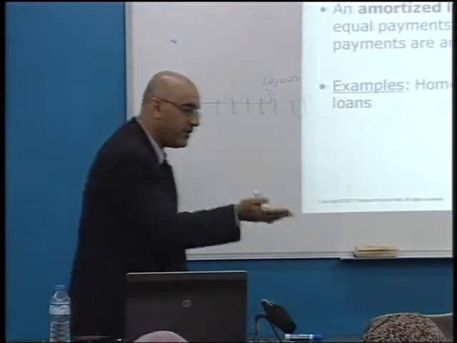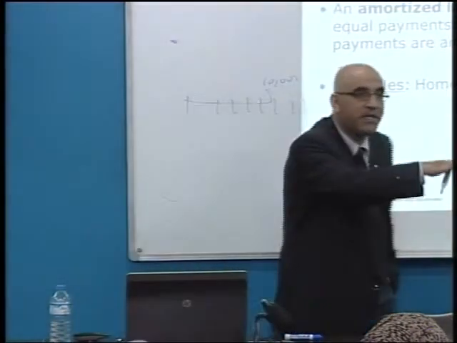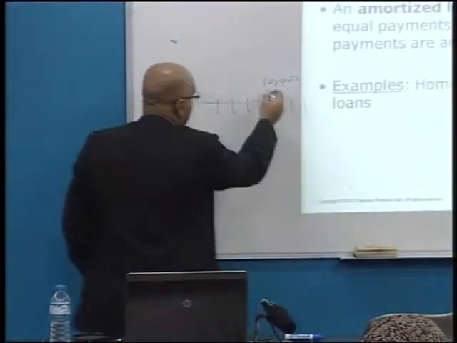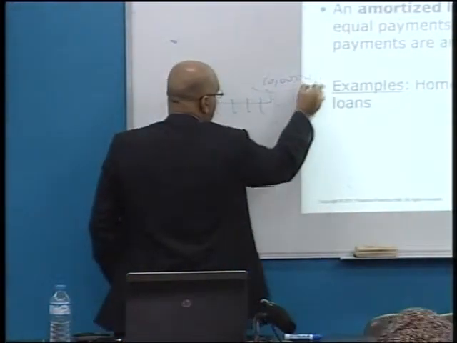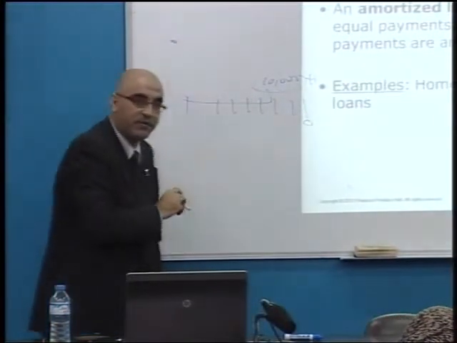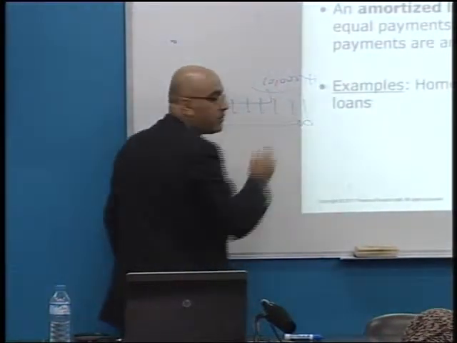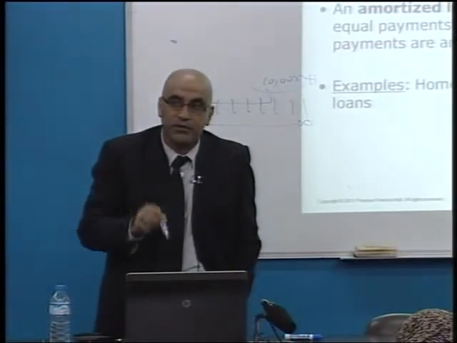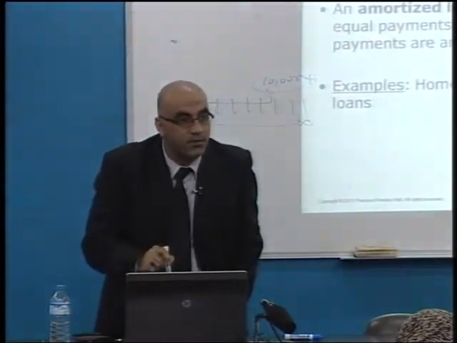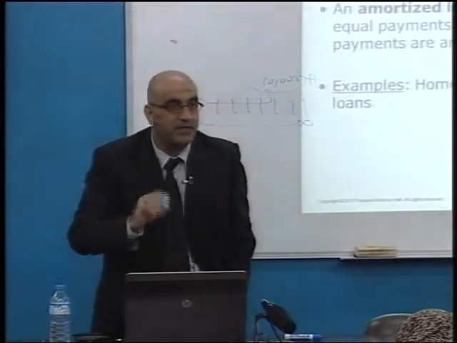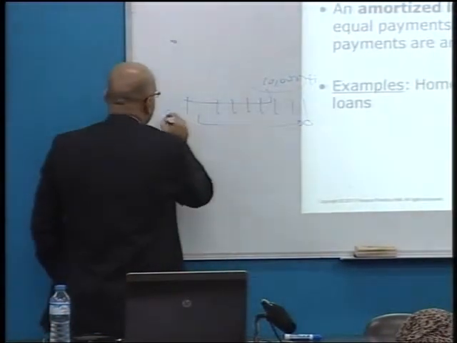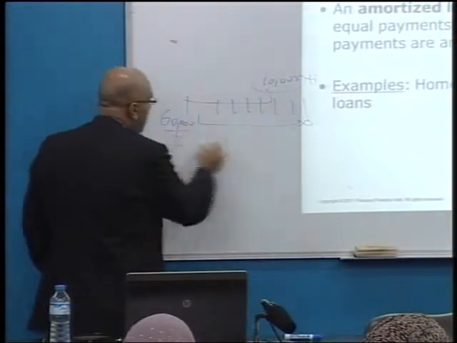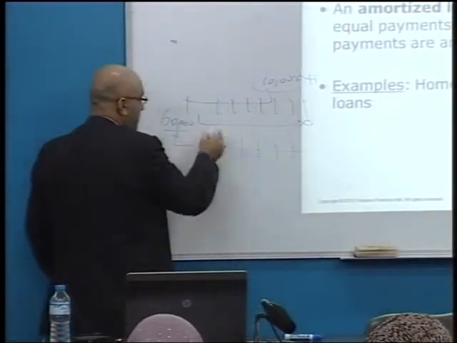For instance, pay $500 each year till you have paid off all of your installments, till this $10,000 plus interest is equal to 0. At the end of the period, the loan is equal to 0. So we don't have future value. The future value in this case is equal to 0 because you are paying off all of the installments. So you are starting with $60,000, your loan, and paying off this $60,000.